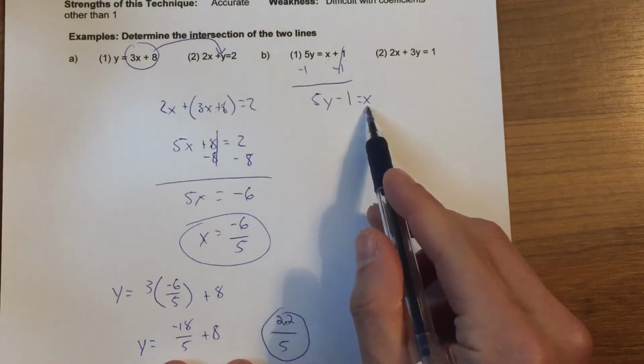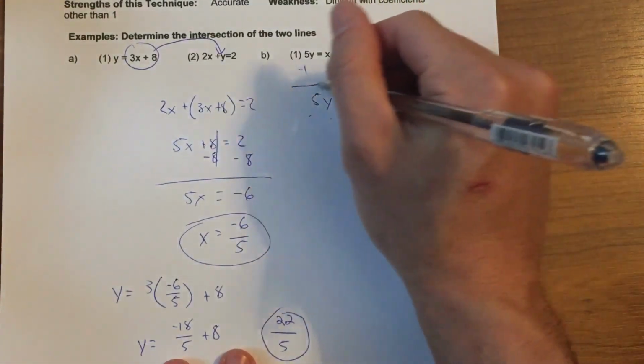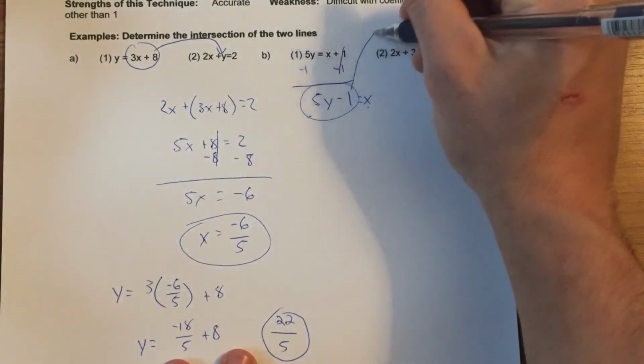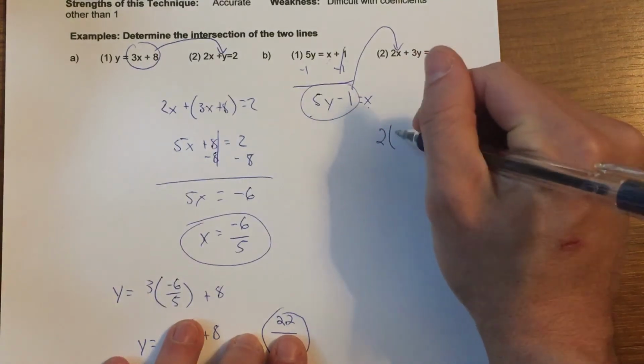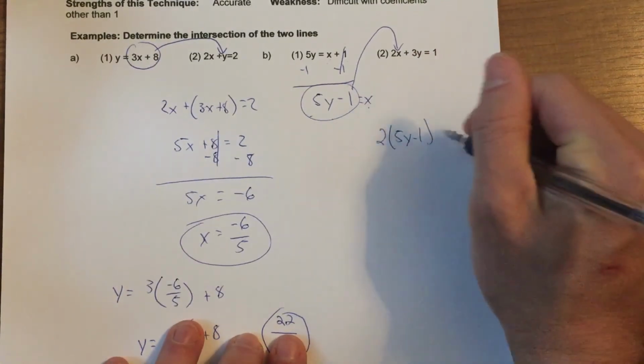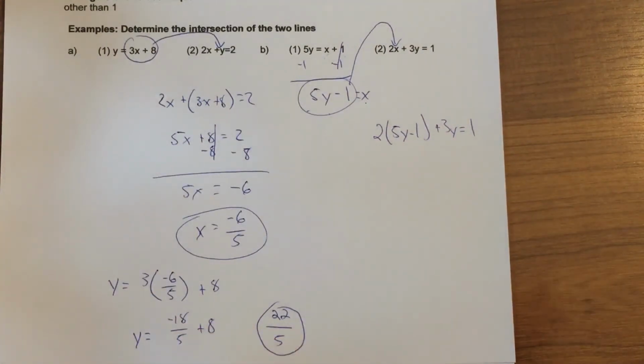Using what x is equal to, we can substitute that into the other equation. So let's substitute 5y minus 1 in for x. 2 times 5y minus 1 plus 3y equals 1. Alright, from here, you would solve for y and then back substitute in for x. I'm going to leave that one for you guys to finish off if you want.